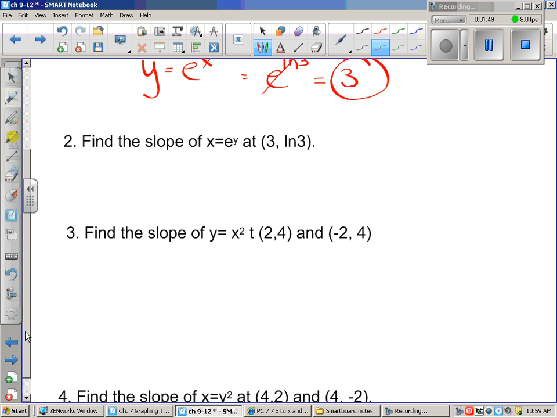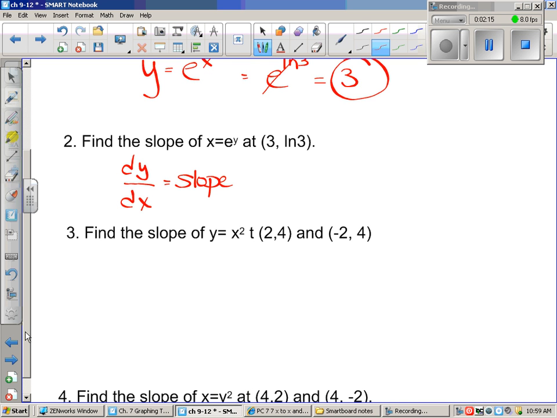When you learned about slope the first time, what is slope? Rise over run, change in y over the change in x. If I write it in the notation of calculus, it would be dy over dx. Some of you in science classes will know this as delta y over delta x. Does this all ring a bell? And so this is slope.